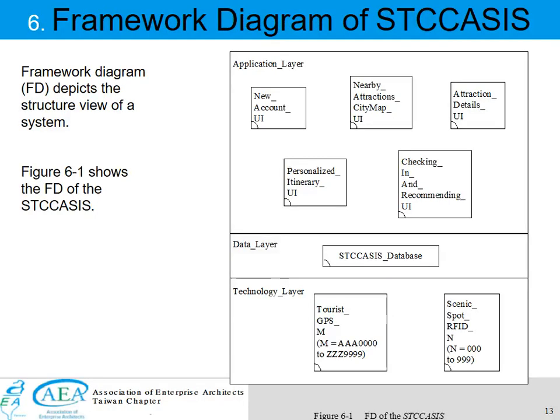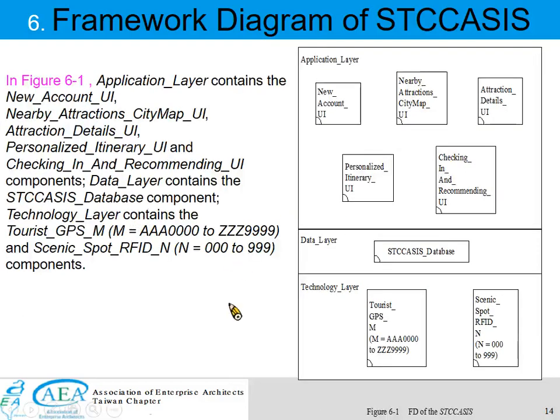Chapter 6, Framework Diagram of Smart Tourism System. We use framework FD to depict the structural view of a system. So in figure 6-1, there are 3 layers.